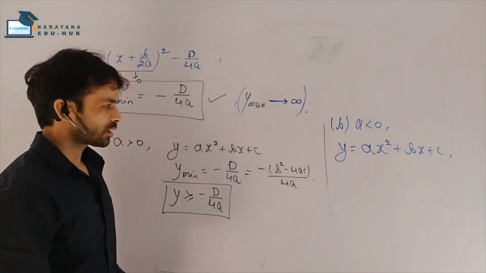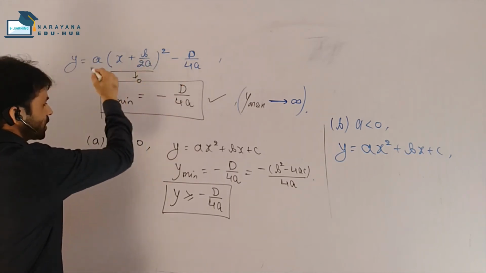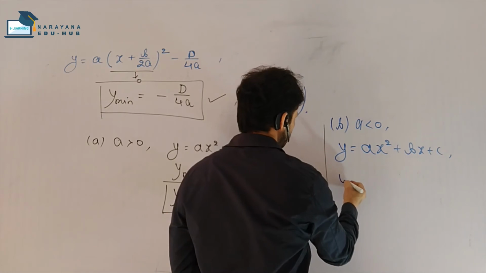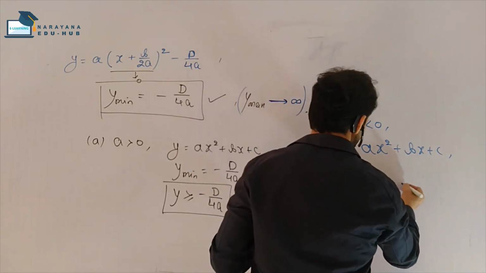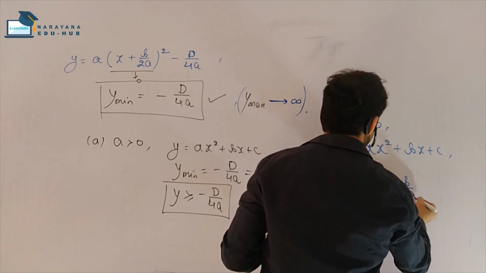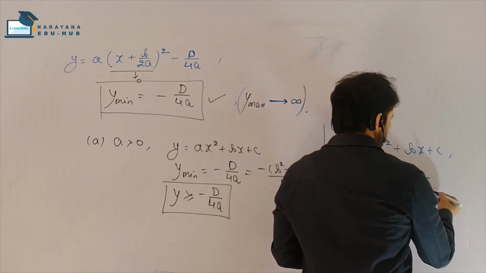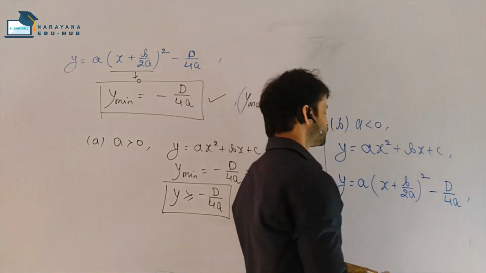We will complete the square and convert this into the form as we have written here. So this will become y is equal to a into x plus b by 2a whole square, minus d by 4a.